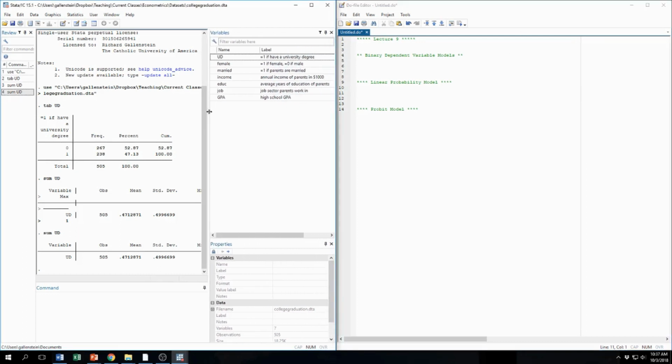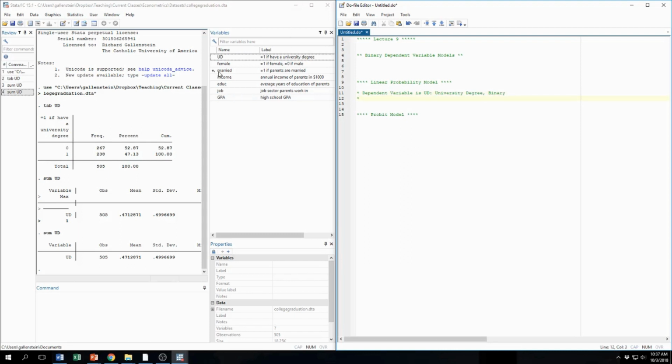That is, the probability that the dependent variable will equal 1. So our dependent variable is UD, which is university degree, and it's a binary variable.